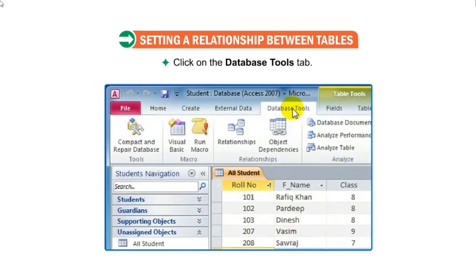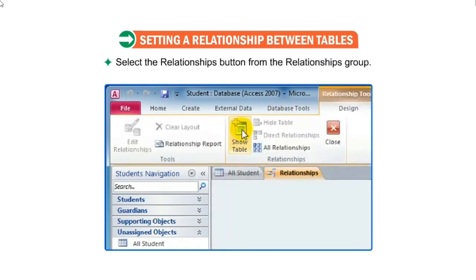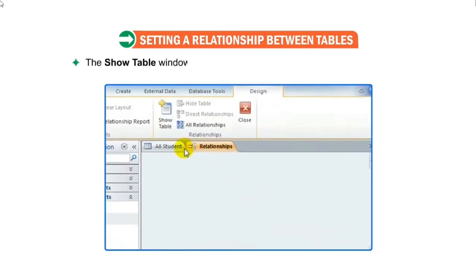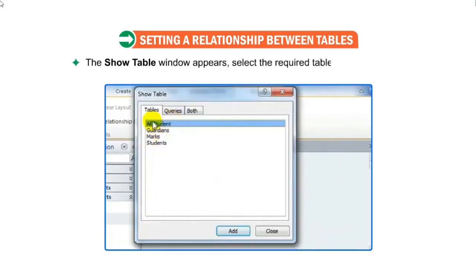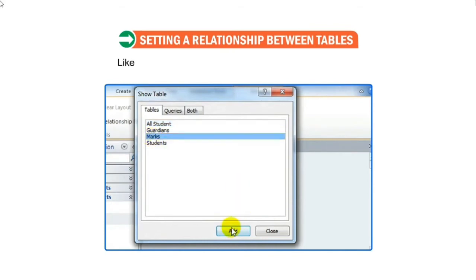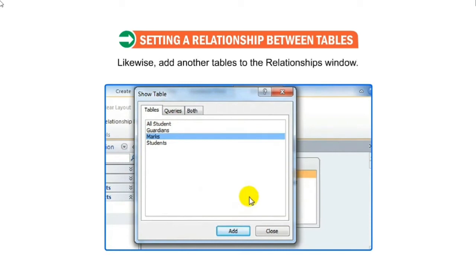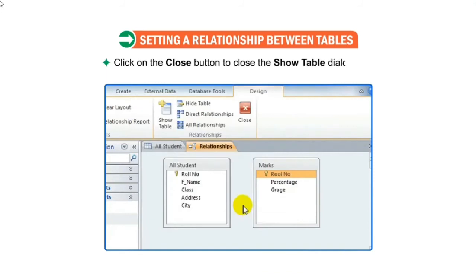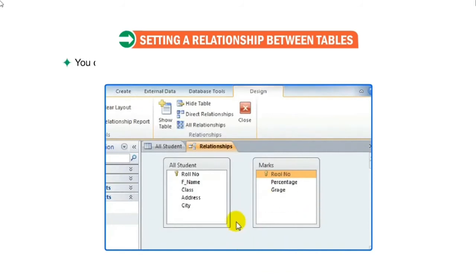Click on the Database Tools tab. Select the Relationships button from the Relationships group. The Show Table window appears. Select the required table and click on the Add button. The selected table will appear as a small window in the Relationships window. Likewise, add another table to the Relationships window. Click on the Close button to close the Show Table dialog box.